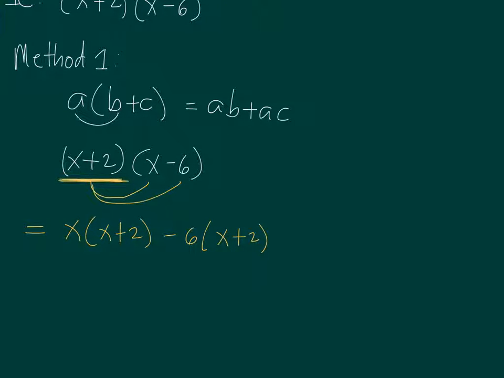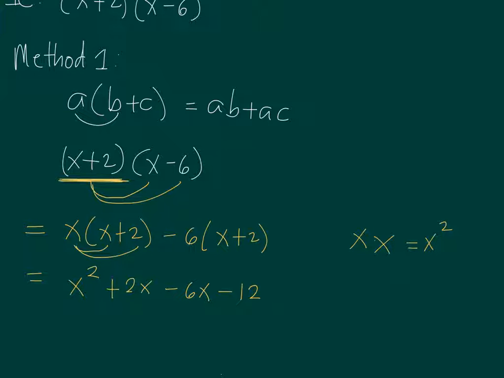Now, once you have this, all you have to do is apply the distributive law again. x times x is x squared, x times 2 is 2x, negative 6 times x is negative 6x, and negative 6 times 2 is negative 12, so you write minus 12.